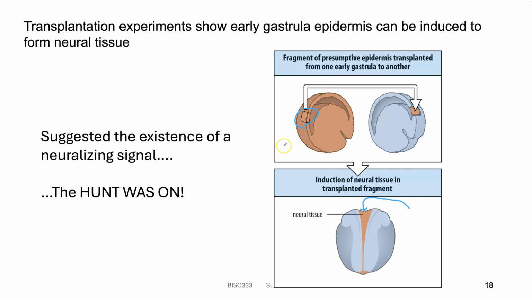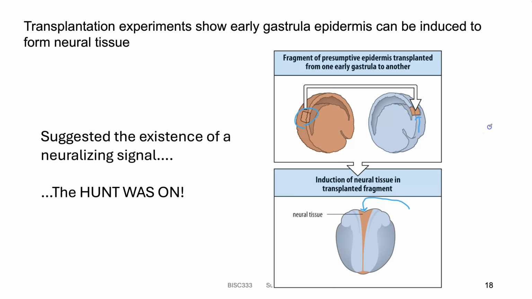Okay, so this is how we were thinking at the time: you've got a relatively simple tissue, which is epidermis, and then you've got this much more complicated tissue. I mean, think of the nervous system, your whole body is basically run by your nervous system, right? And so it's a more complex tissue, and the idea was there's probably a signal that induces it, and here's your organizer right down here, so probably it's coming from the organizer, and it's going to induce neural tissue in the area directly above it.